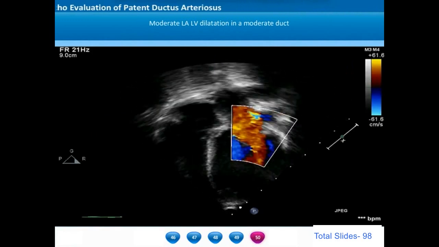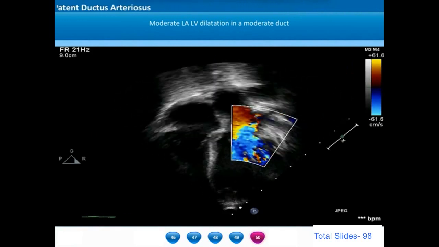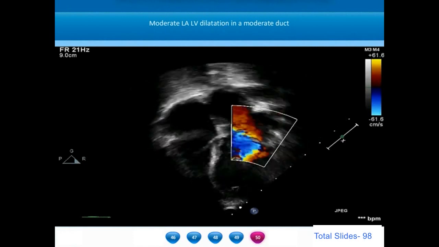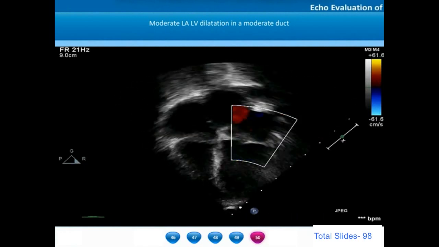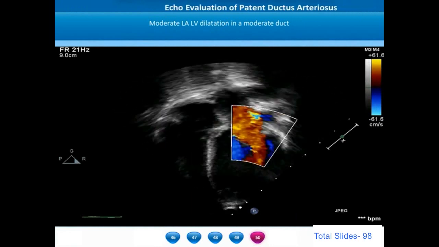When we see the apical four-chamber view in these patients, there is more dilatation of the left atrium and left ventricle. As we stressed earlier, the quantum of left-right shunt through the ductus arteriosus will dictate the extent of dilatation of the left atrium and left ventricle.